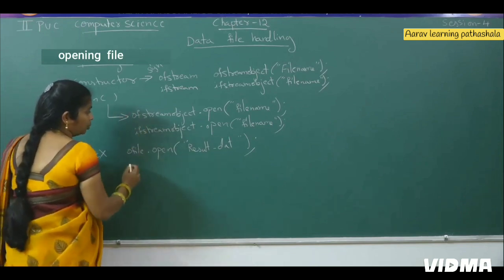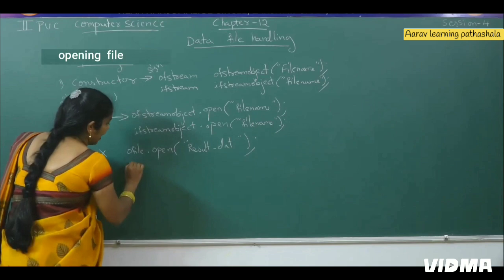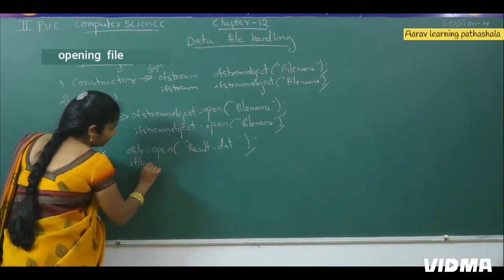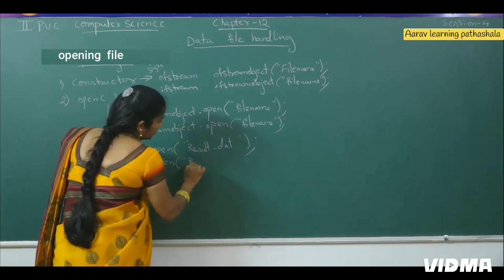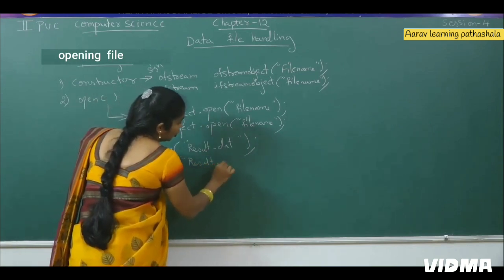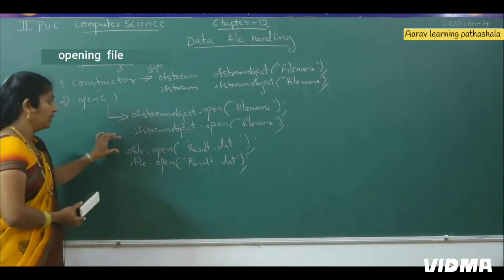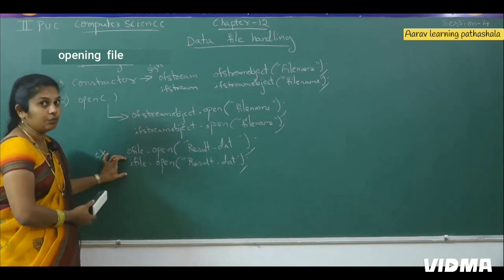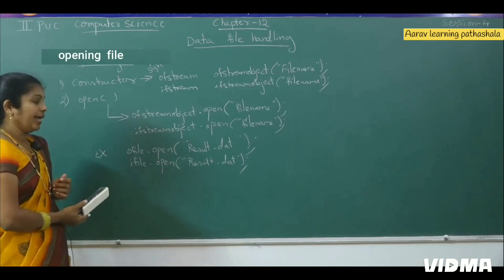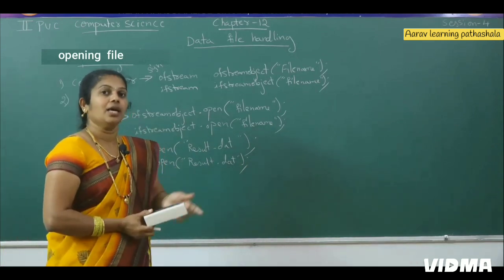If I want to open a file for input purpose, then I write the ifstream object, say ifile is the object name, dot open, and inside the quotes result dot dat. Here we are opening the file only for output purpose and here only for input purpose.